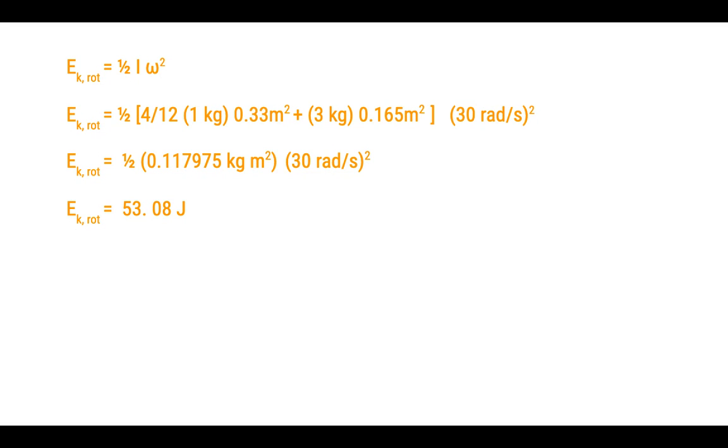That simplifies to 0.1179 kilogram meters squared. We square 30 radians per second, multiply by I, and then by half. We find that the rotational kinetic energy of the system is 53.08 joules.